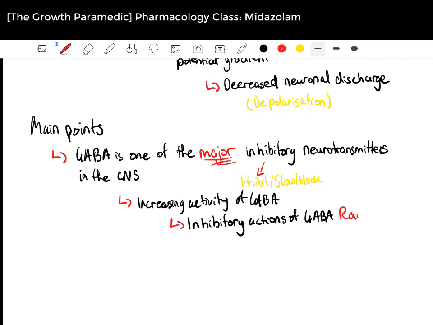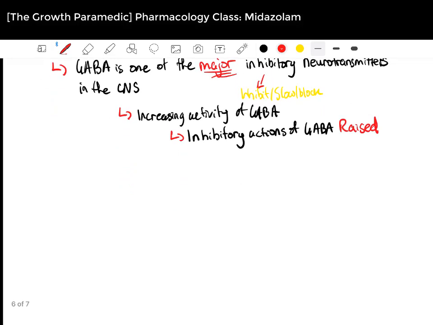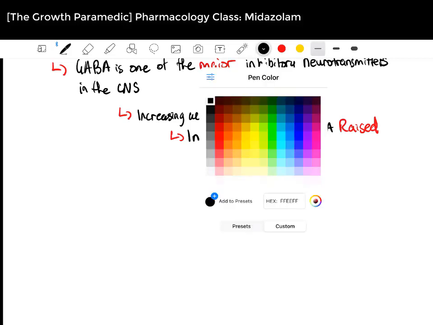Raised. Perfect. And because of this raise, it leads to, I think there's three things. Sedative or sedation. Actually, I might even change the color here. Make it a little bit prettier for you guys. Let's go.